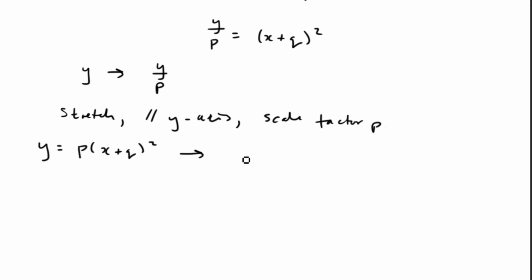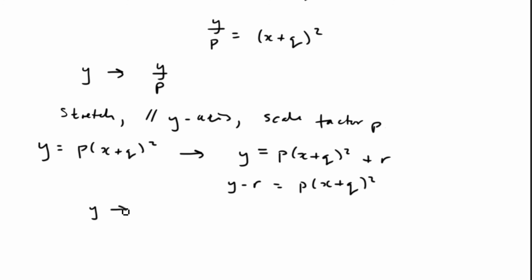How can we turn that into y is p lots of x plus q squared plus r? Well, if we rewrite that as y subtract r is p lots of x plus q squared, you can see that the algebraic change we've made is that y has been replaced by y minus r, so we have a translation of 0, r.